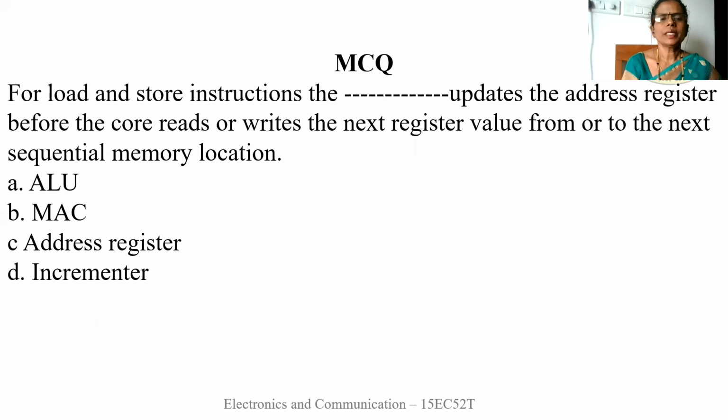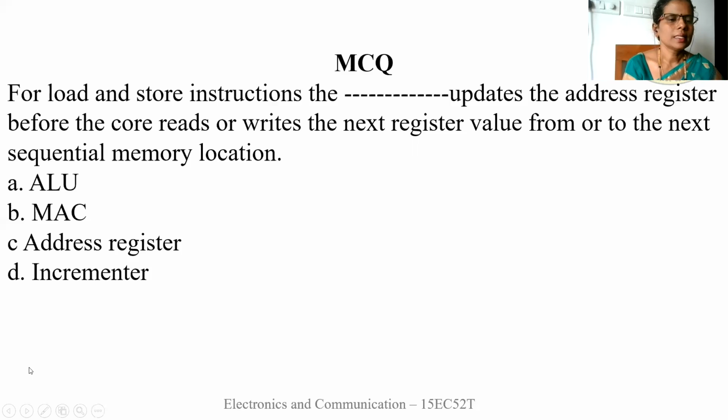For load store instruction, the dash updates the address register before the code reads or writes the next register value from or to the next sequential memory location. So who among all 8 elements of data core model will increment the address?